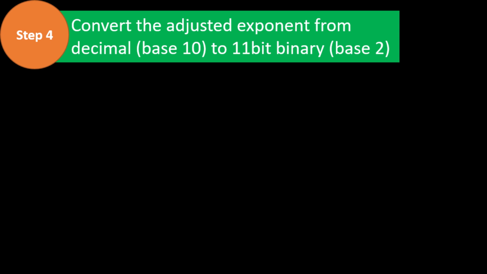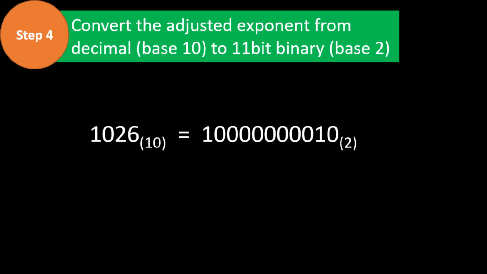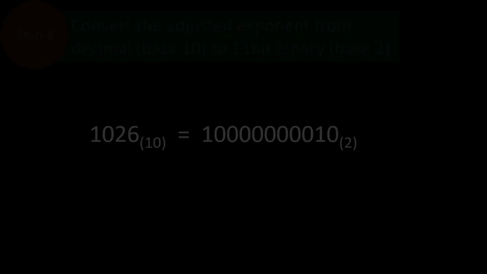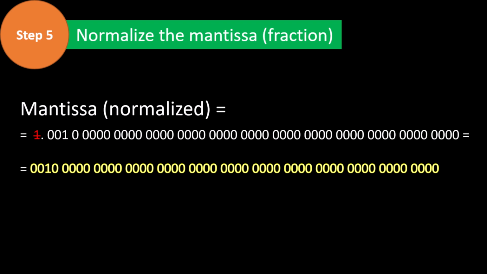Use the same technique of repeatedly dividing by 2. This is what you get in binary. Step 5, normalize the mantissa. Remove the leading leftmost bit, since it is always 1, and adjust its length to 52 bits by adding the necessary number of zeros to the right.